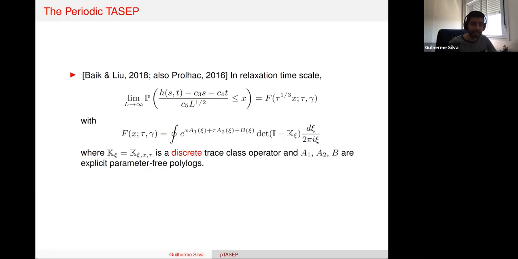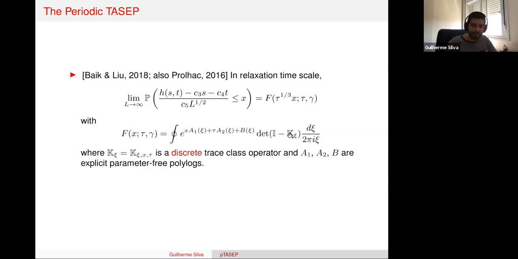which is a discrete operator that acts on a discrete space, on a small L2 space. It involves all the parameters, the parameter x, the parameter tau. It also involves the parameter gamma, and also the parameter psi that you integrate with. So let's say this is a spectral variable that you integrate to get the density.